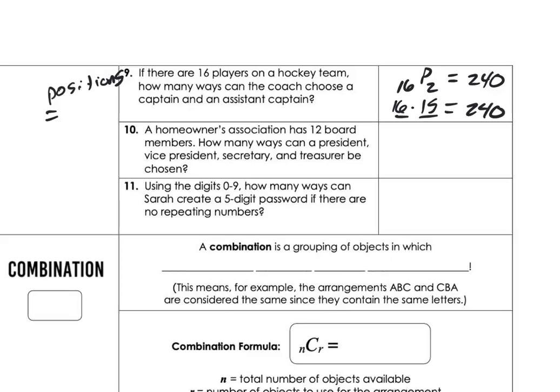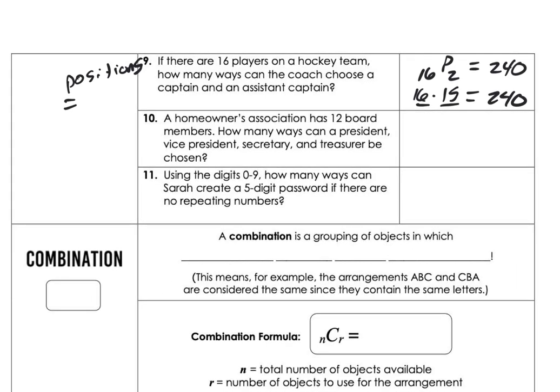Okay, I'm going to skip over number 10, go down to number 11 here. Using the digits 0 through 9, how many ways can Sarah create a 5-digit password if there are no repeating numbers? Okay, that means if I choose 9 as the first number in my password, I can't choose 9 again. And so I can only use it one time.